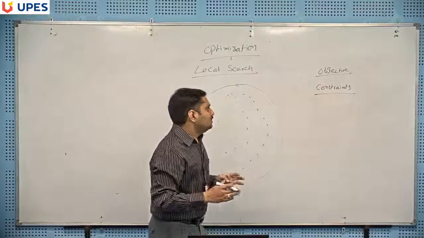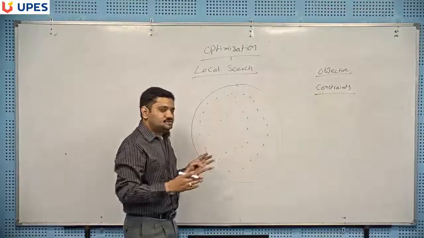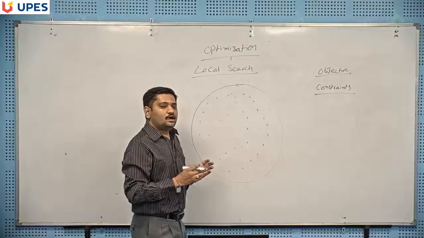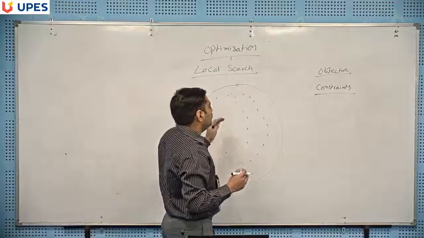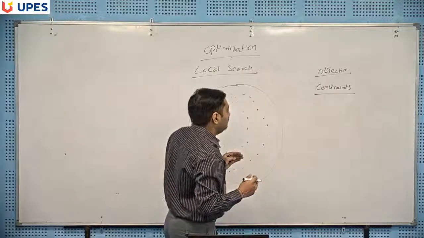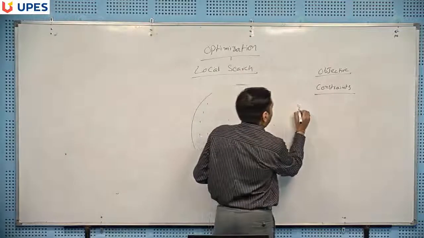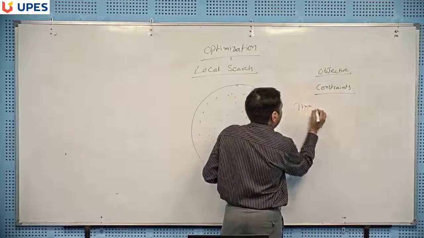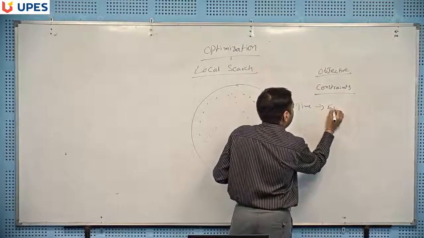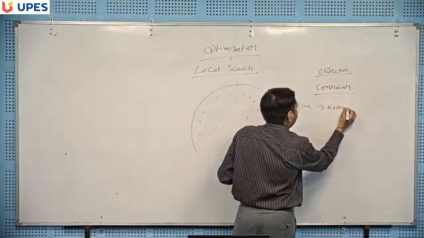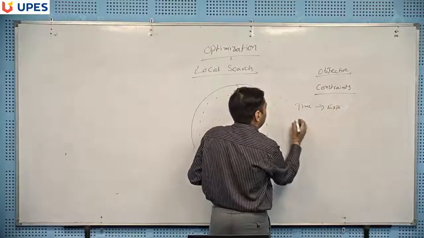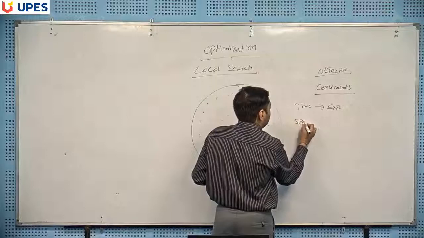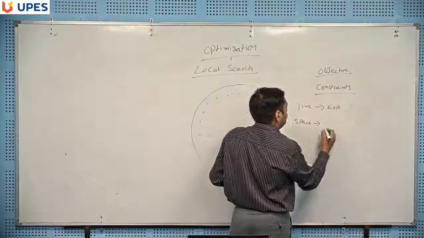If you have a larger search space, most of the time the global search algorithms will take exponential time complexity, and the space complexity will also be high.